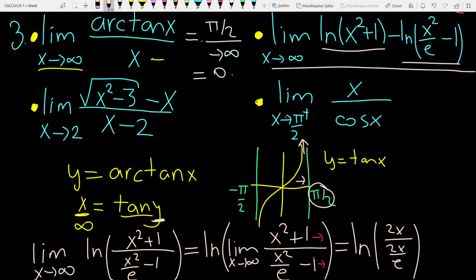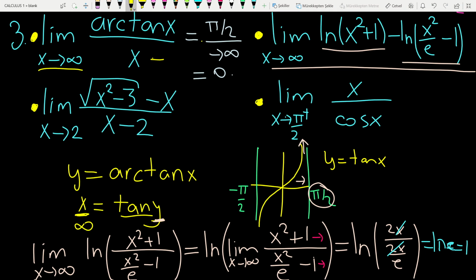Okay, then if you cancel these two terms, you don't have to apply twice. What do we have? We have ln e, which is 1. So the answer is 1.